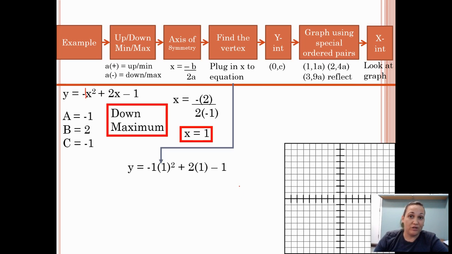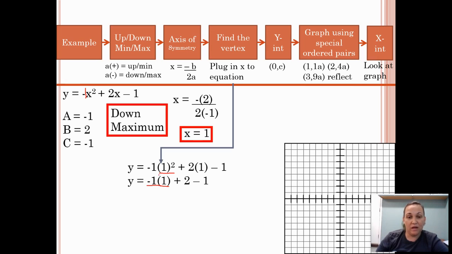According to our order of operations, if we're doing this by hand, we need to do our squaring first and our multiplying second. So first the 1 squared, and second the negative 1 times the 1. Make sure you're doing that in the correct order, especially if you're doing it by hand.